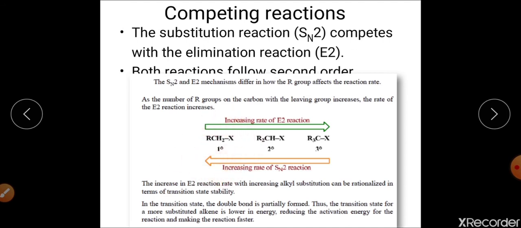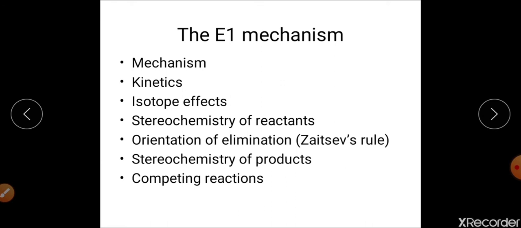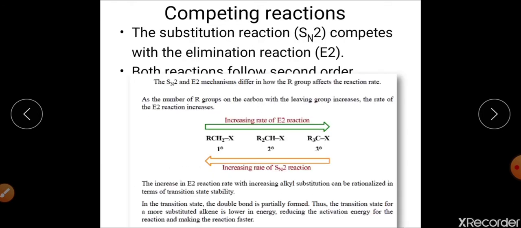So this is the reason behind that, and the competition between E2 and SN2 will depend upon the conditions we have taken and also upon the substrate we have taken for this particular reaction. So that's all about this particular E2 reaction.